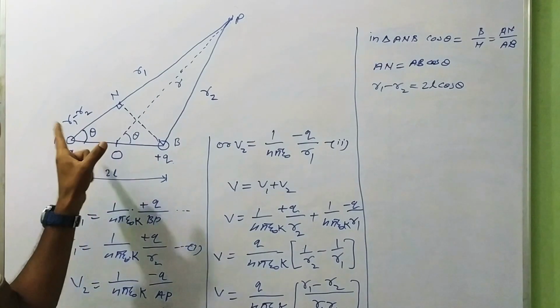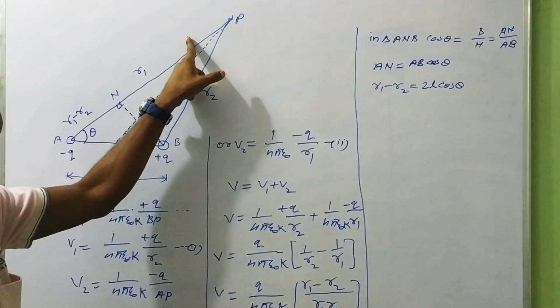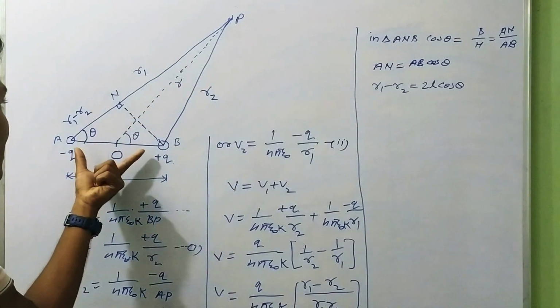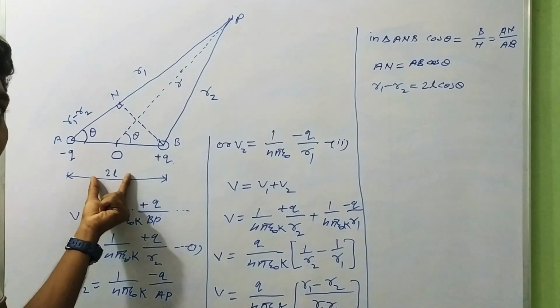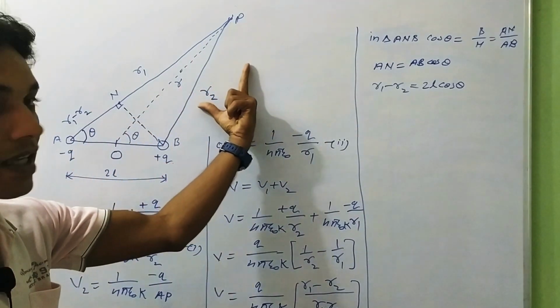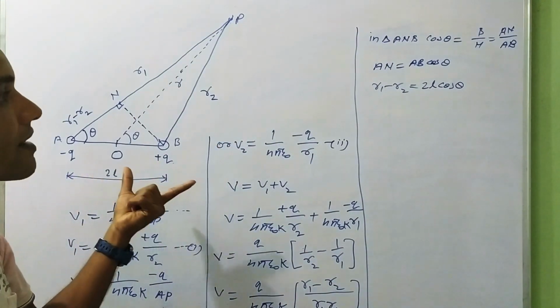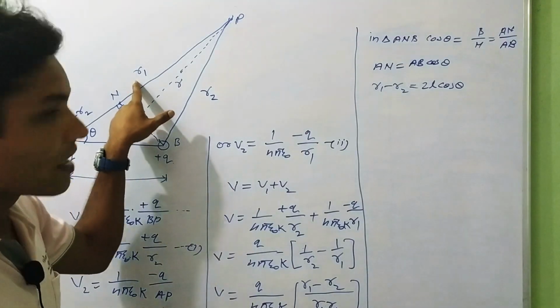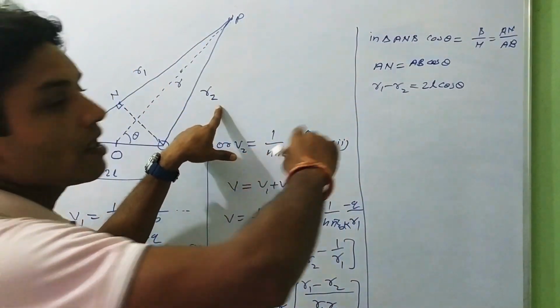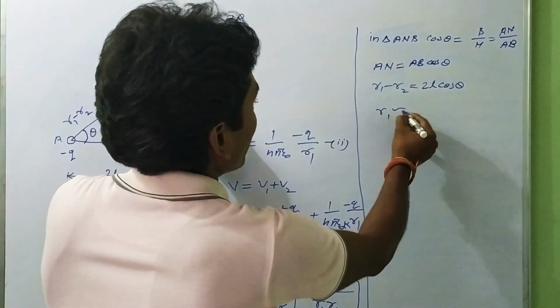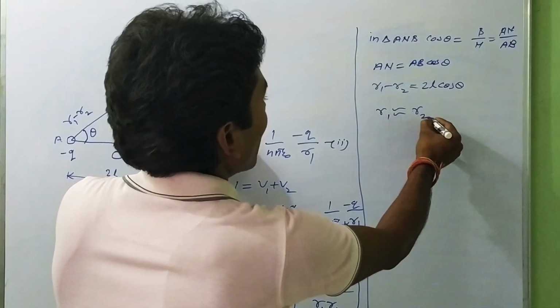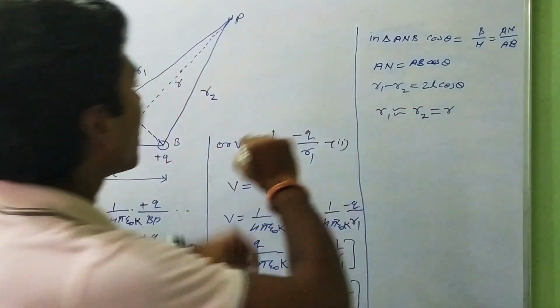And this R1 distance is very much greater than this 2L distance, and R2 distance is also greater than 2L distance. So we can say that R1 is approximately equal to R2, and it is equal to R.